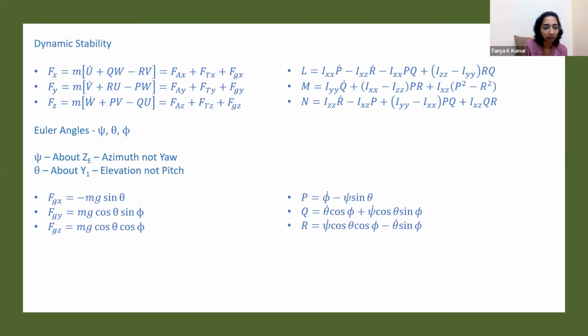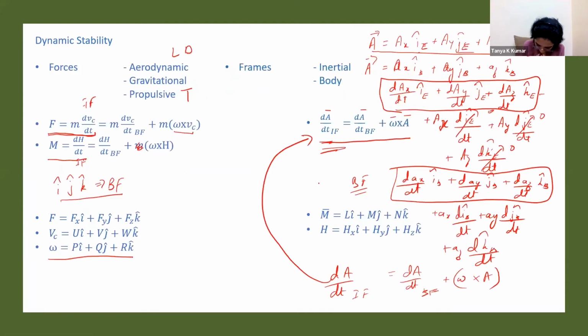Yeah. So for dynamic stability, we now expand these Fx, Fy, Fz and the L, M, N to get these two sets of equations. Now, I have mentioned in the previous session, that is week 9, that if you differentiate this m dVc/dt in the body frame, you will have terms such as u dot, v dot, w dot. You will also have terms that are products, that is omega cross Vc.